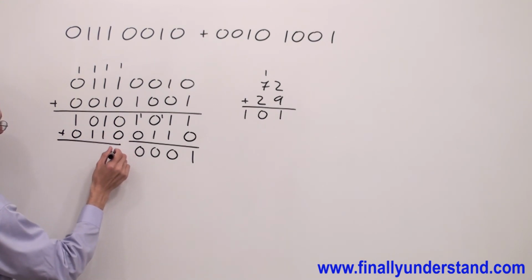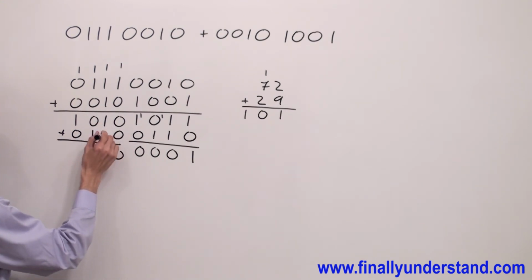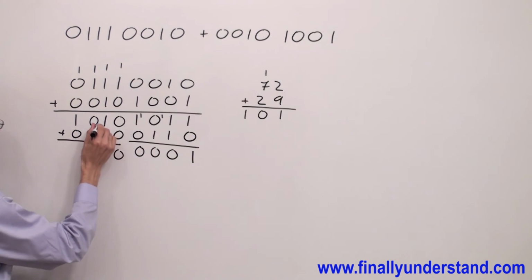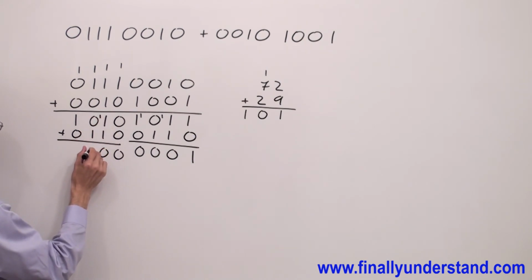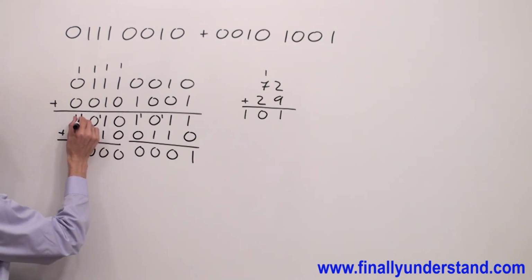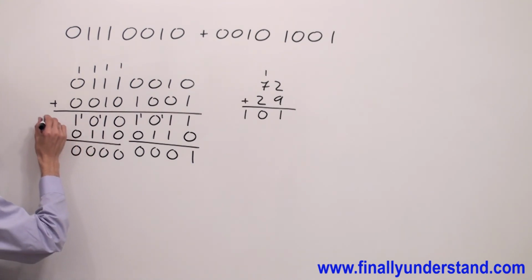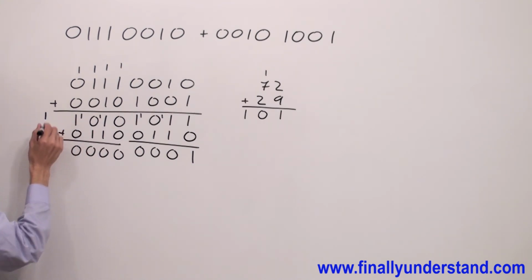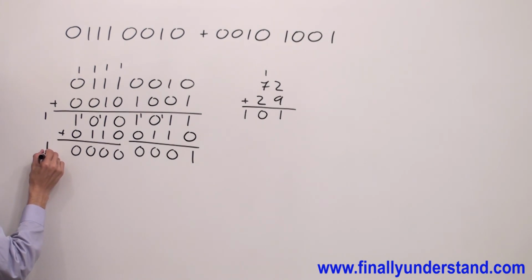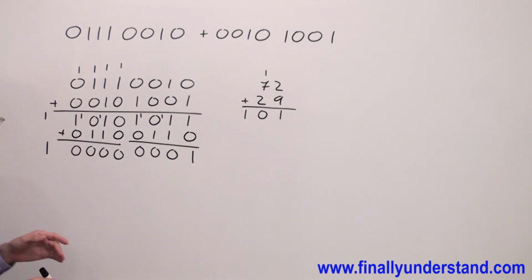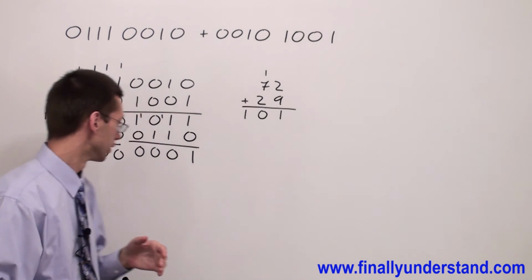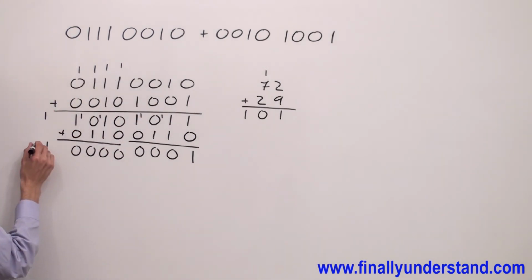I have 0 plus 0 is 0. 1 plus 1 is 2 and carry of 1. 1 plus 1 is 2 and carry of 1. 1 plus 1 is 2 and carry of 1. This one comes down. Keep in mind that we're supposed to have 4 bits. So if I'm missing bits, I'm supposed to fill up the empty spaces with zeros.